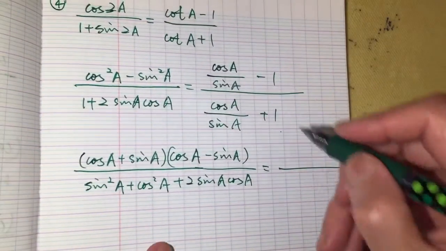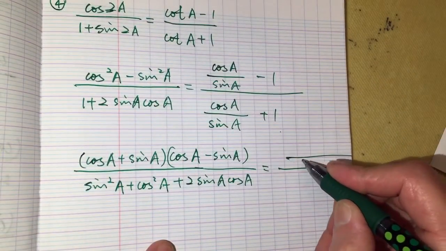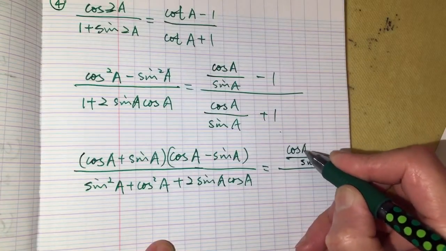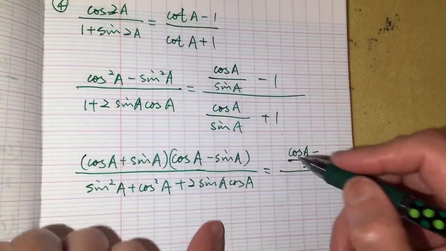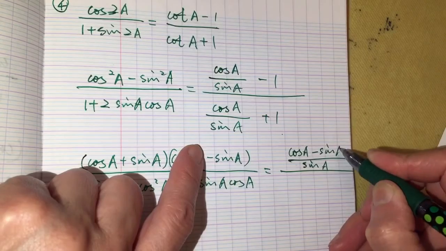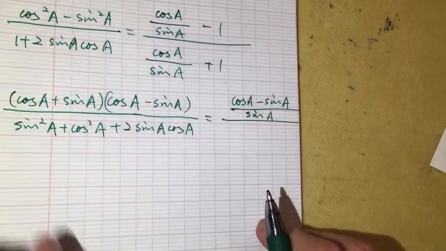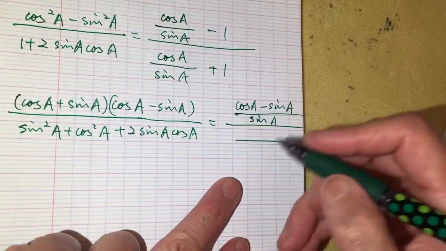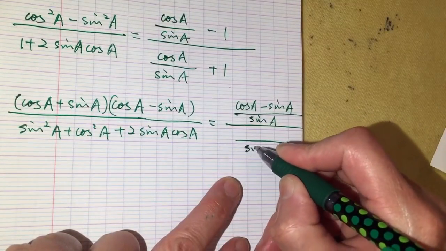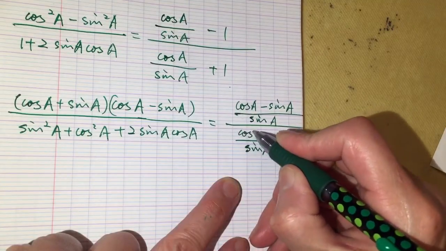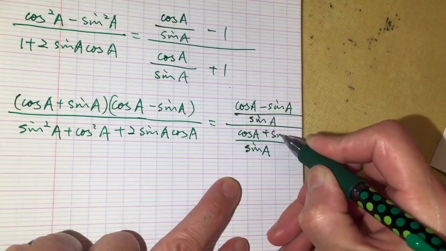Equal, and this time we can change on the other side, sine a over cosine a. We didn't change anything, minus sine a. So we are making it the same common denominator, and the bottom is sine a. Cosine a plus sine a.